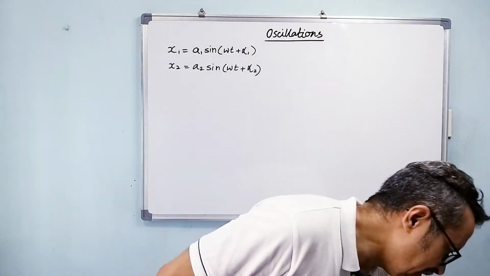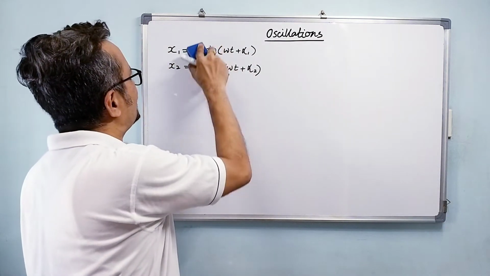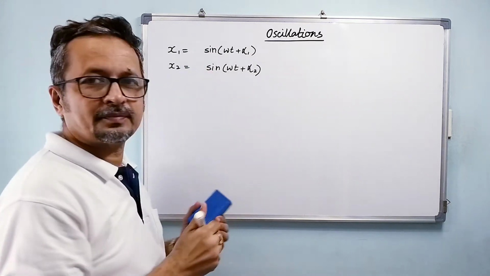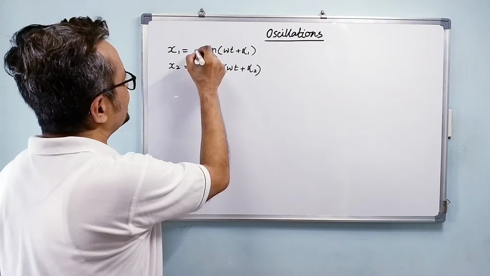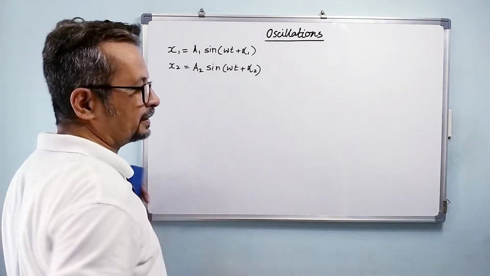Right in the beginning I'm going to make one change here. I don't want the small a's involved, so I'll make them capital A's, A1 and A2. Big is better.